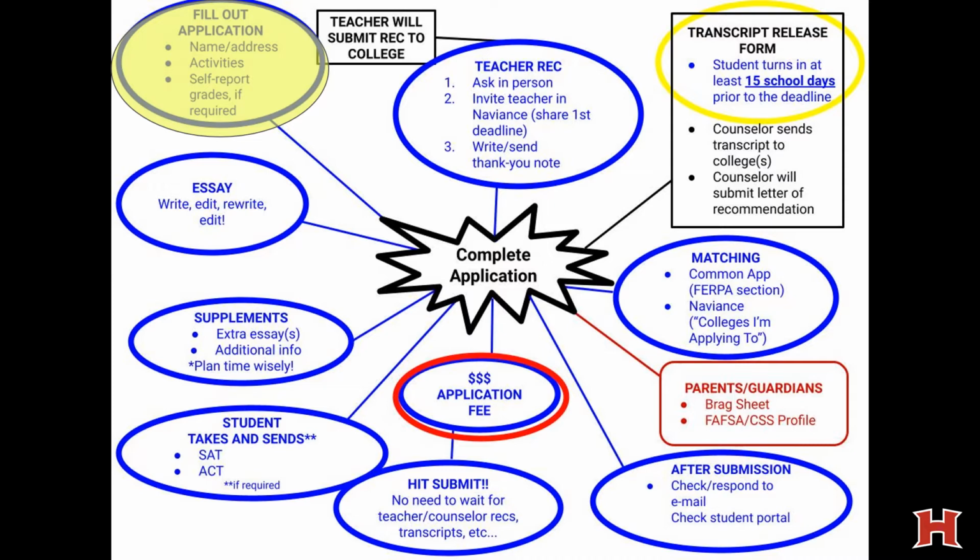In some cases, like the University of Oregon, students must report grades on their application and in the college's application portal. It is vitally important that students check and read their email after applying to see if they need to upload and/or report grades or other information in a portal that they create for themselves through the university.